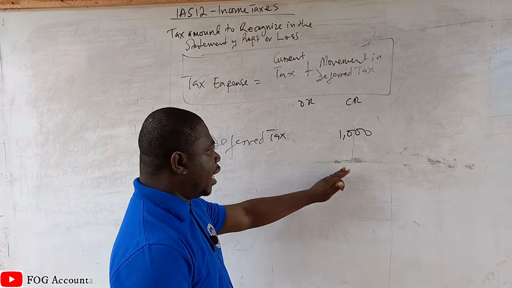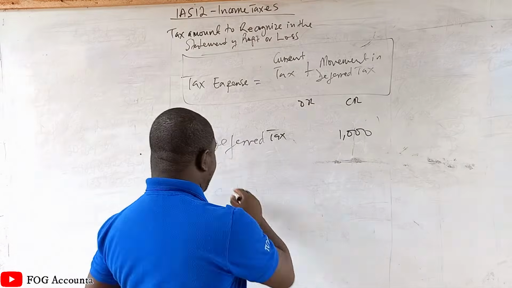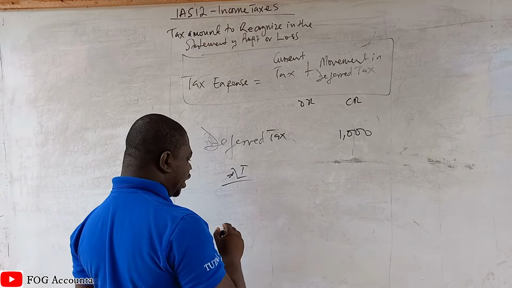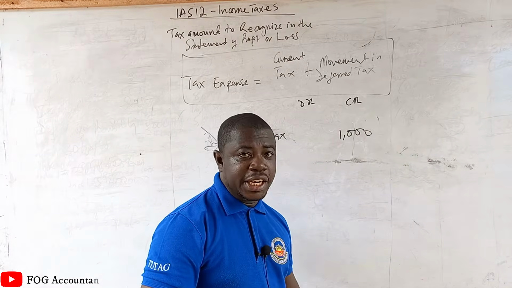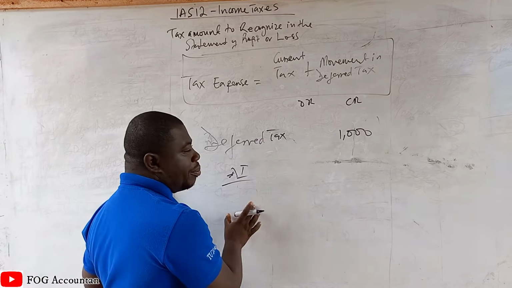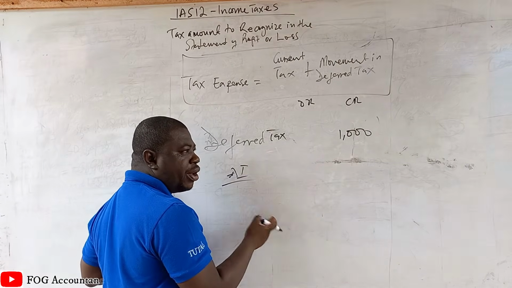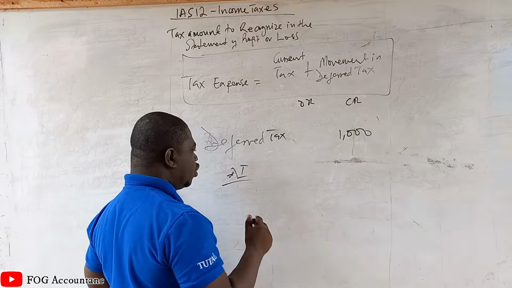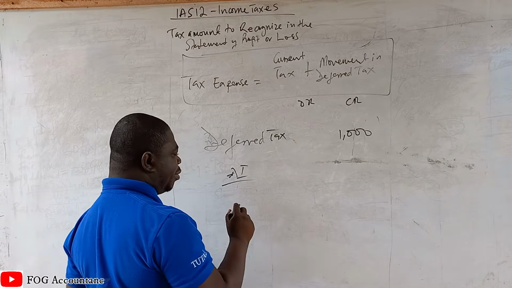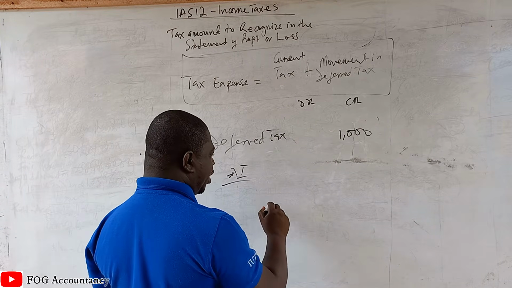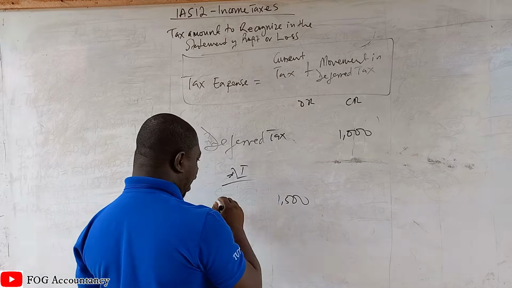If you have deferred tax on the credit side like this, 10,000, and in the additional information, you are given a temporary difference to calculate deferred tax. Sometimes you'll be given a temporary difference, and then based on that temporary difference, you calculate your deferred tax. So let's assume you calculate your deferred tax liability, and you are getting the deferred tax liability to be 1,500 at the end of the year.